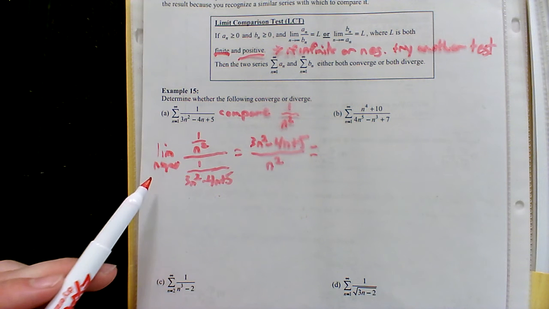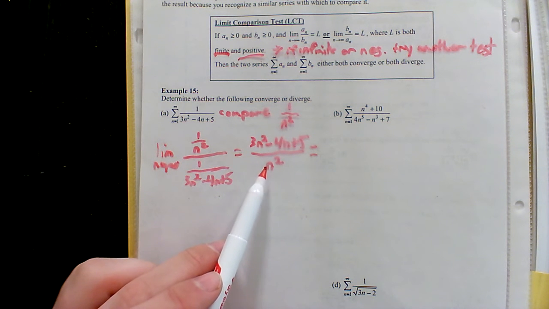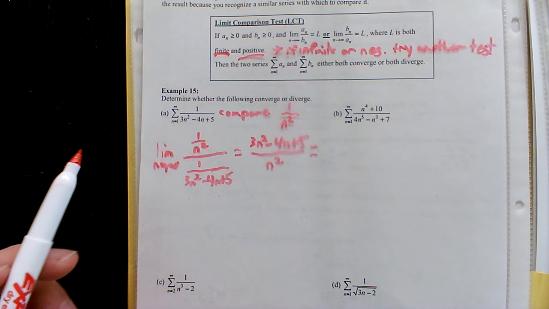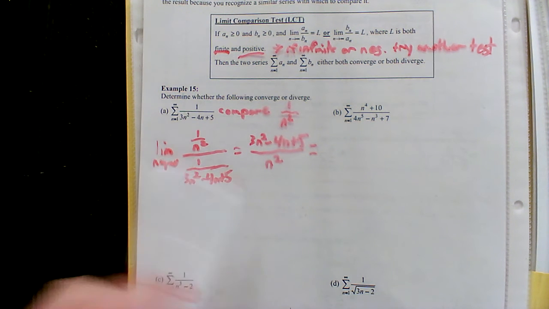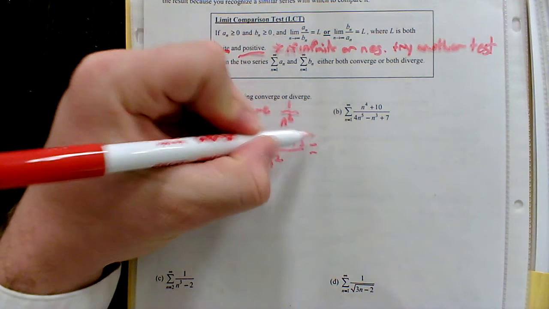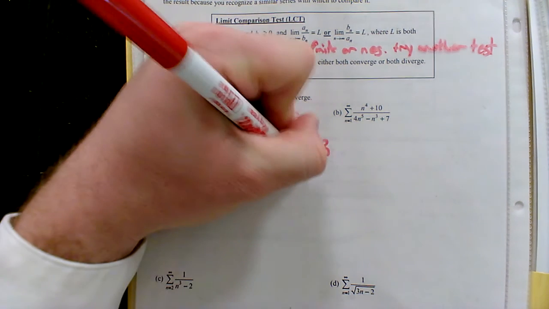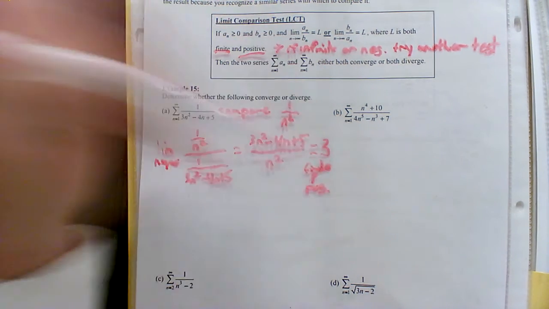We're taking the limit as n approaches infinity. So what would be the limit as n approaches infinity of this? Look at your powers, look at your coefficients. 3, exactly. 3. Is 3 finite and positive? Yeah, so you can say finite and positive.